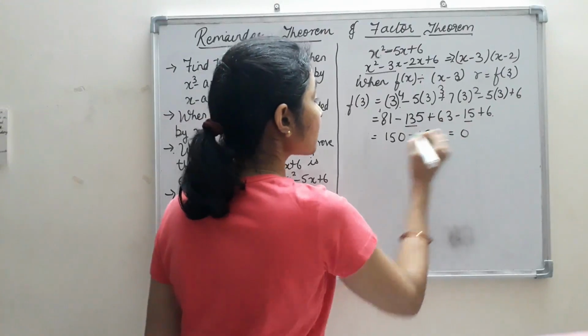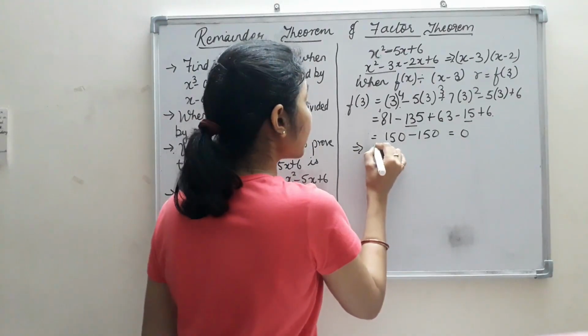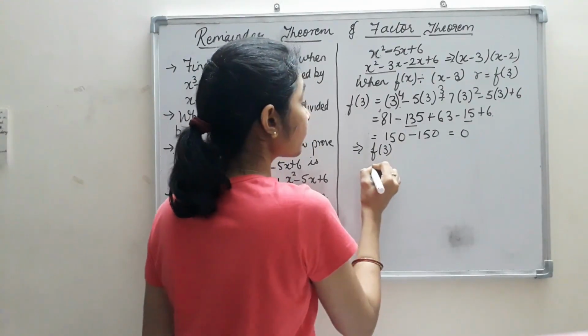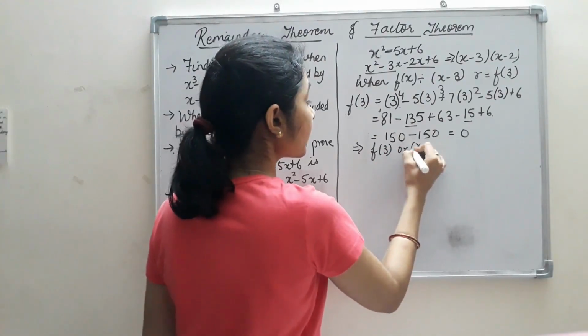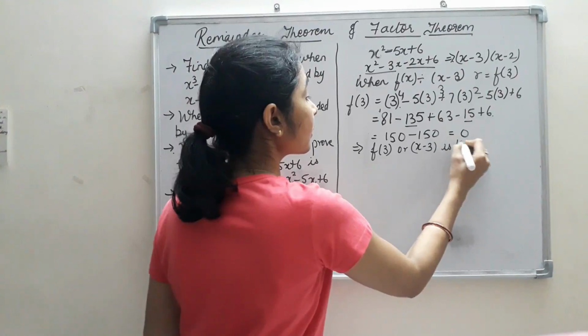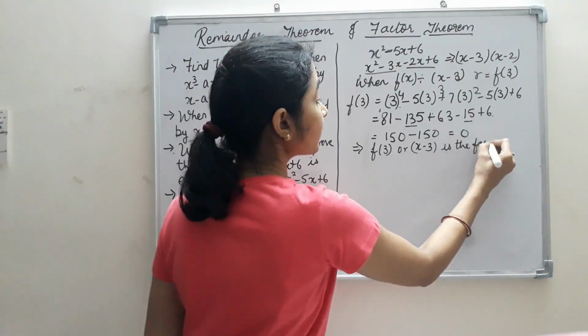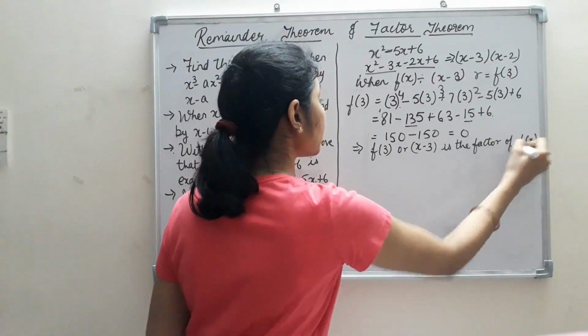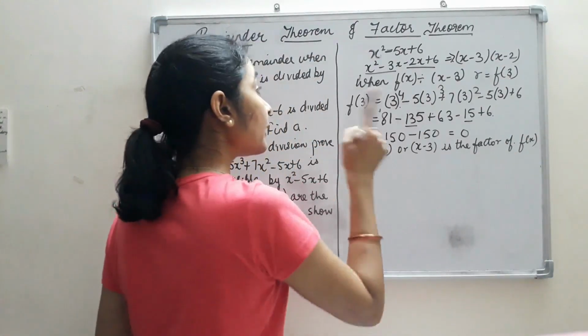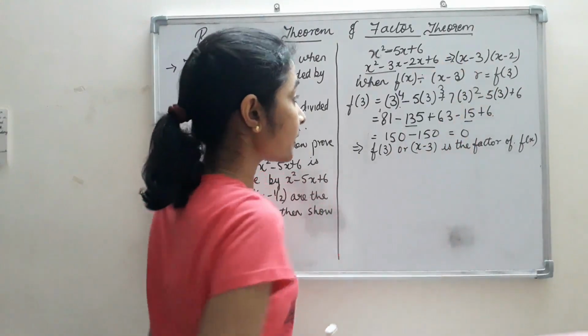So here we have got 0. This implies that f of 3, or x minus 3, is a factor of the given polynomial f(x). Okay, now taking the other one, that means x minus 2.